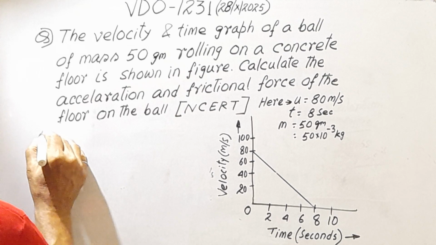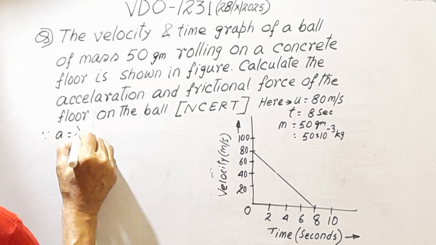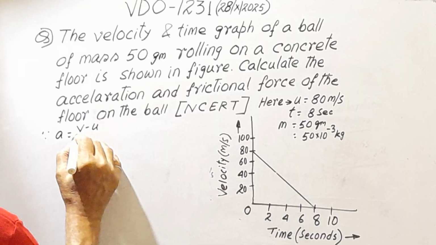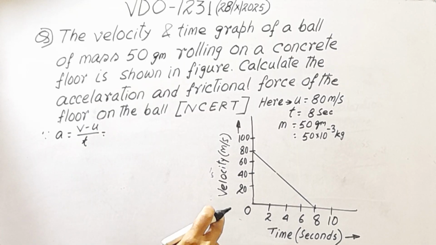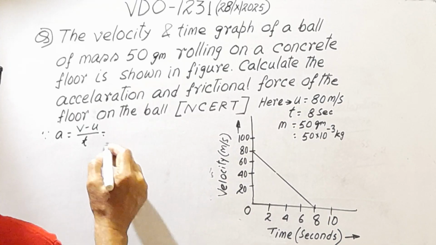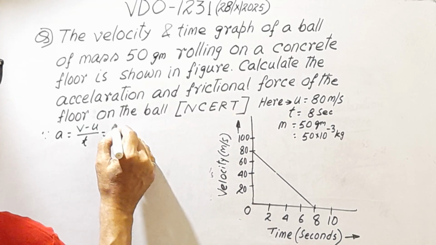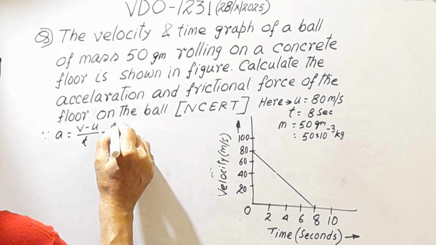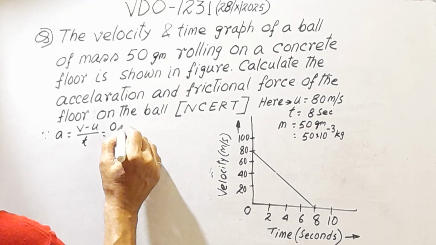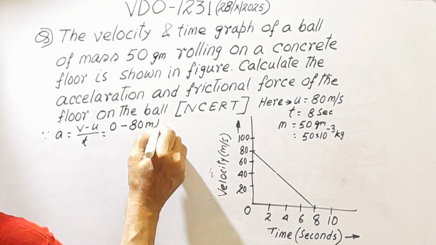So, acceleration a equal to (v minus u) by t, here v equal to 0. Initial speed is 80 meter per second, time is 8 seconds, therefore v equal to 0 minus 80 meter per second.